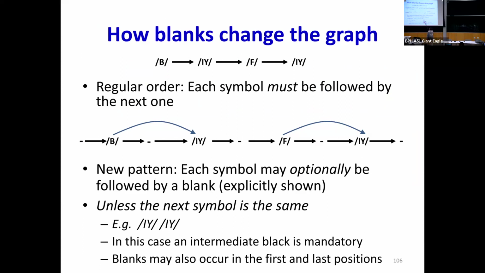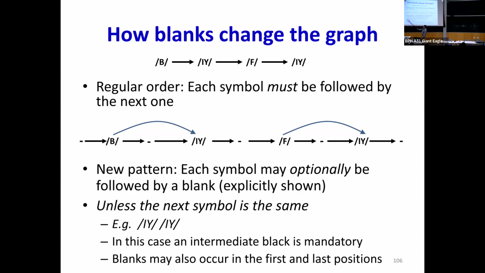In the first example, when I had B phi, I just had B followed by E, followed by F, followed by E. So I can think of it as a linear graph: B must always be followed by E, E must always be followed by F, F must always be followed by E. That gives me B phi. But then if I have an invisible blank, there are multiple possibilities which all look like B phi to the naked eye.